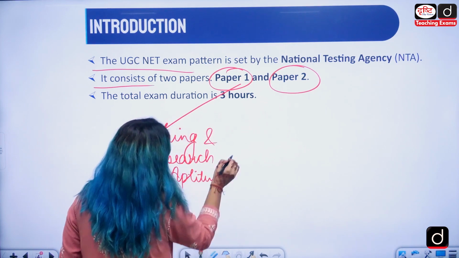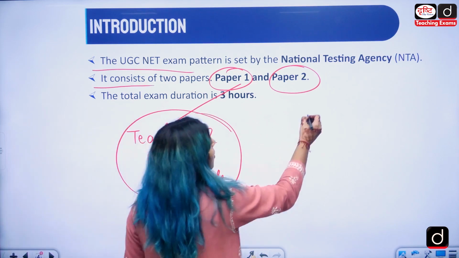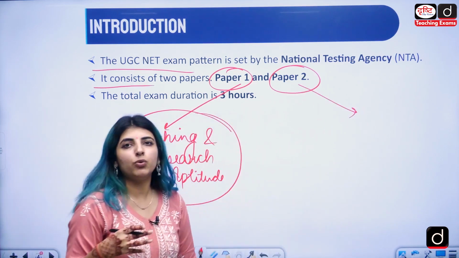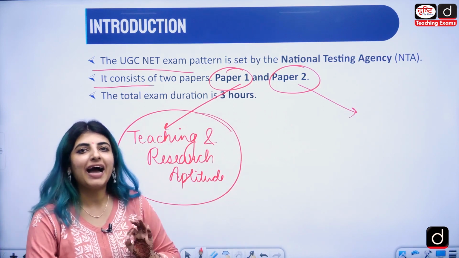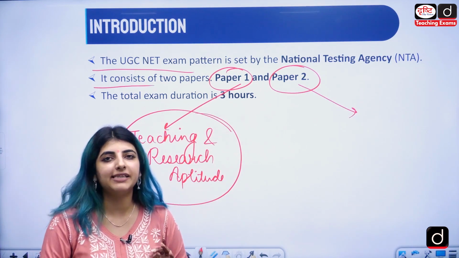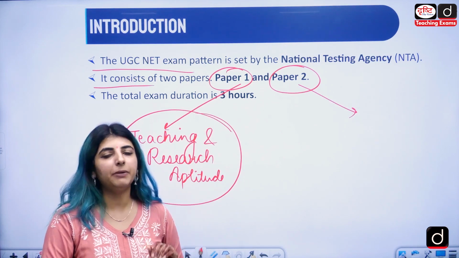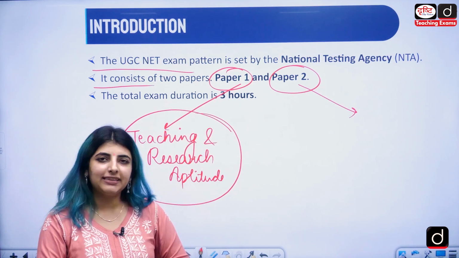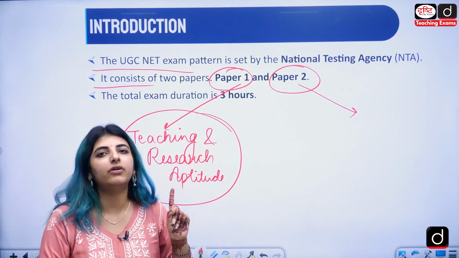This is the name of the paper that NTA NET has provided. Paper 2 is your master's subject, in which you should have gained 55% marks for the general category and 50% marks for SC, ST, OBC, transgender, PWD category, without rounding them off.